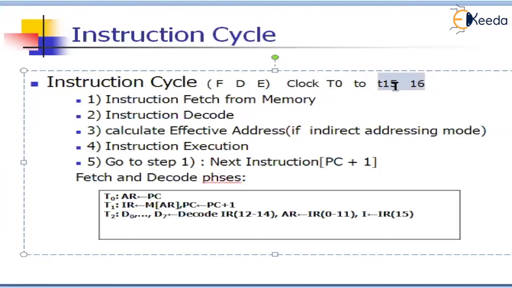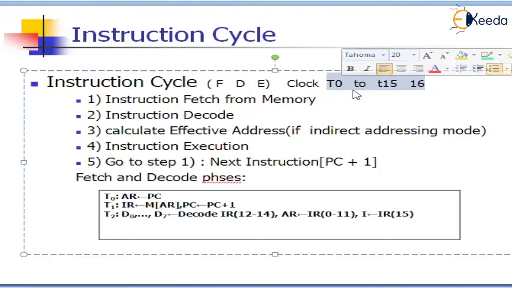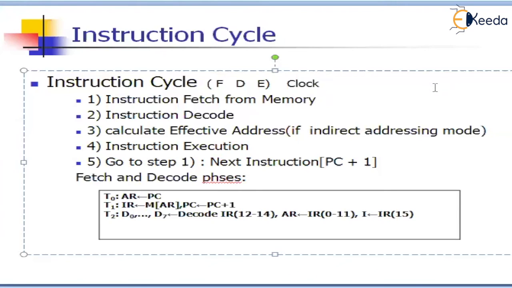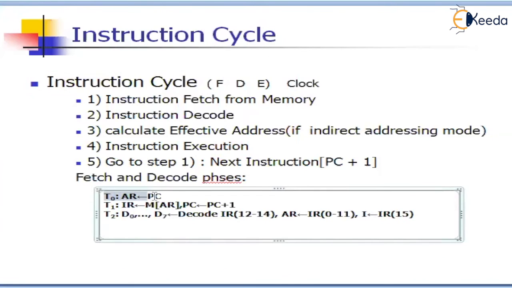Let us understand what operations are going to be performed by T0, T1, T2, T3, T4, or whatever. Now, what is T0? T0 is clock pulse 1. T stands for time, time pulse 1 or clock pulse 1. Now let us say, in T0, the thing that is going to be performed is program counter to address register.